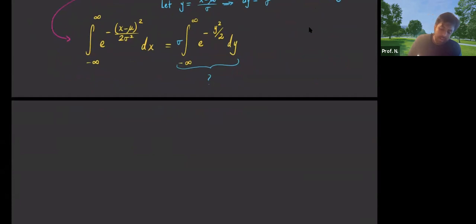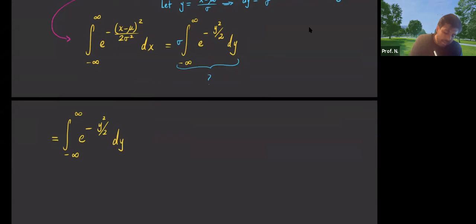So now the question becomes, what is this? This is the crux of the problem. What is the value of this integral, negative infinity to infinity of e to the negative y squared over 2 dy? This is one of those things where there's a little trick.